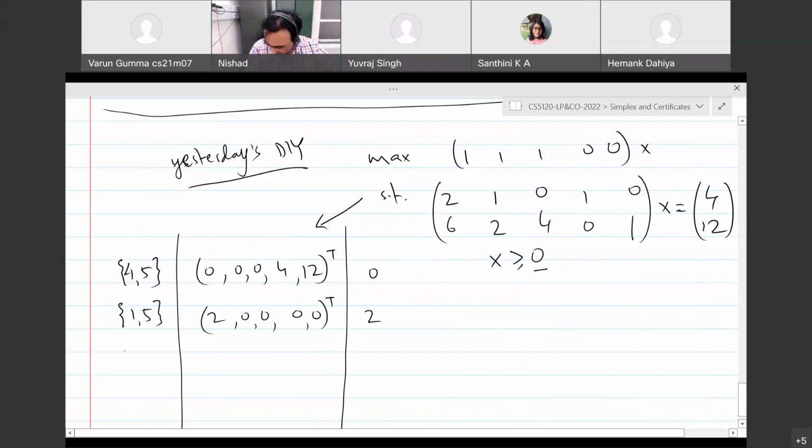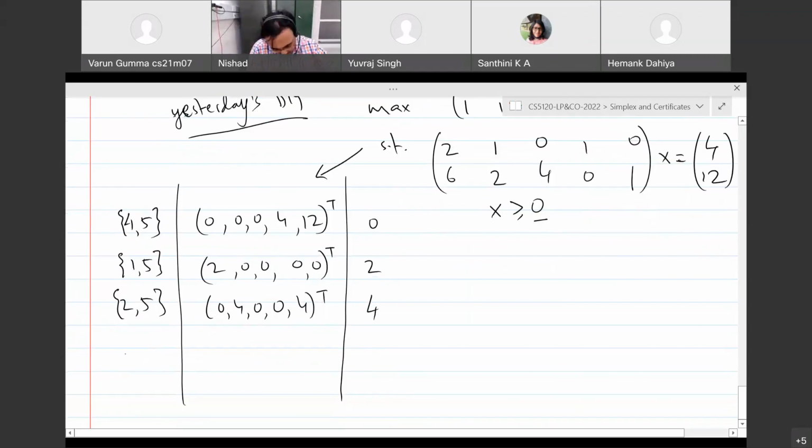And then you get 2, 5. The corresponding solution is this one here. And the value is 4. And finally, you will get to this basis 2, 3. And the value is 5.